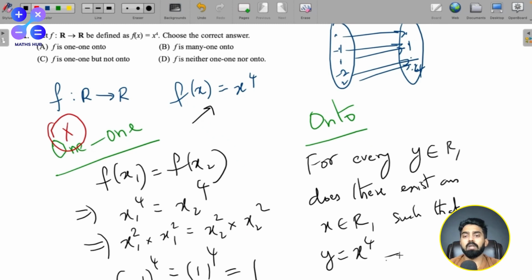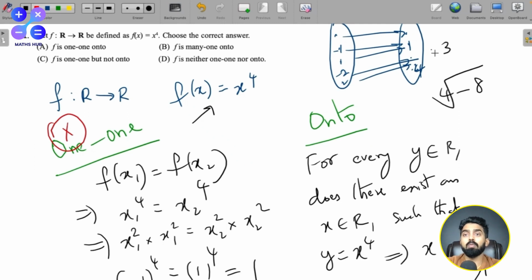To prove this, we need to write it in the reverse, so x equals 4th root of y. For every value of y in the real, can you find an x in the real? You can't, because for every negative value of y, you will not be able to find a value of x, because the 4th root of minus 8 or whatever negative number does not exist in the real plane.